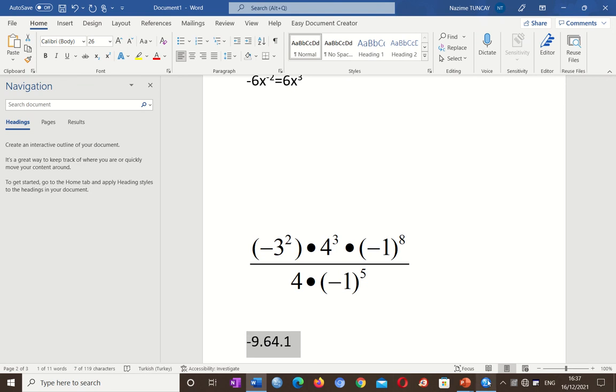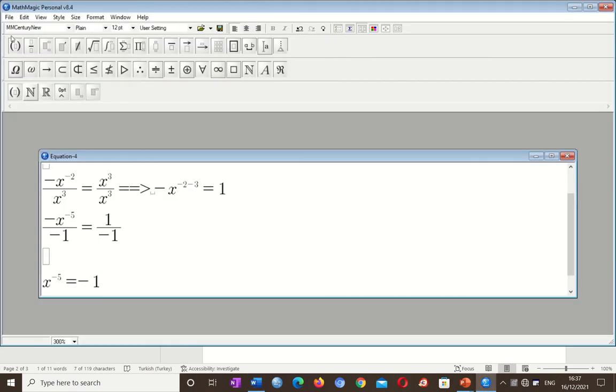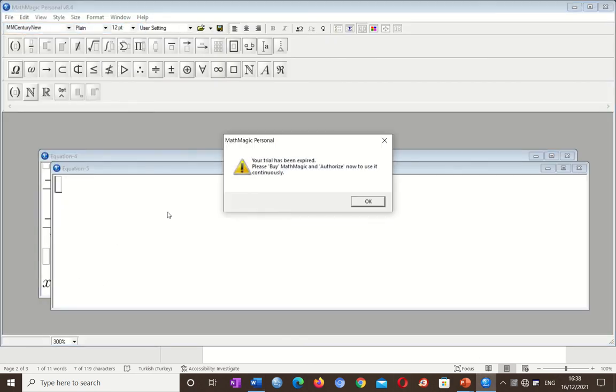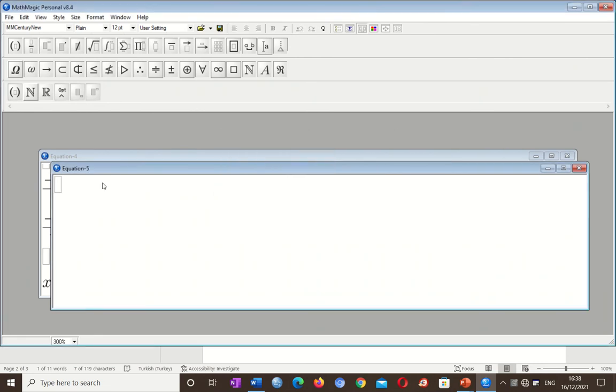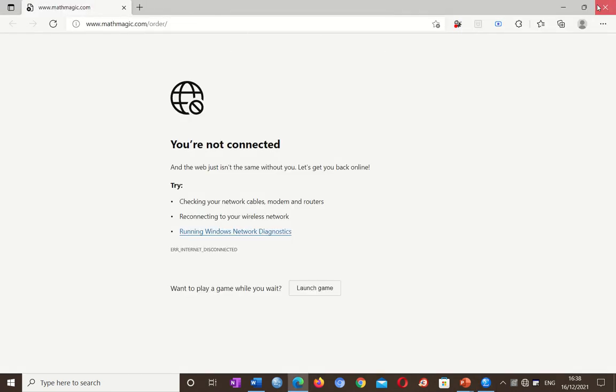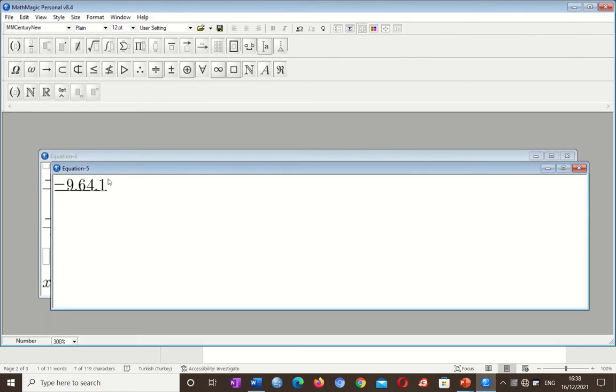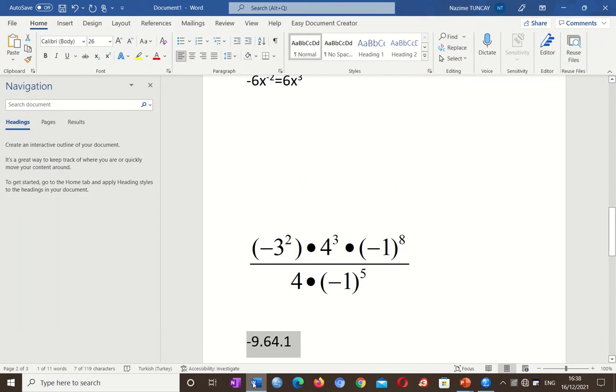Now, I have to divide this by 4 multiply by minus 1. This is minus 1.